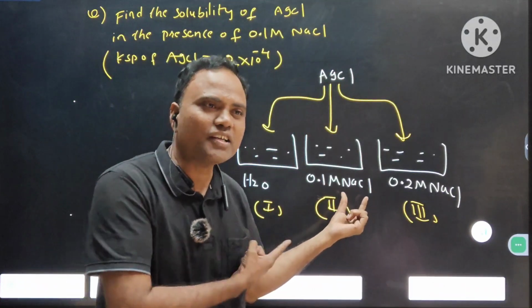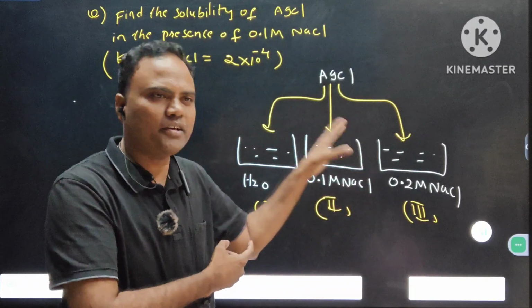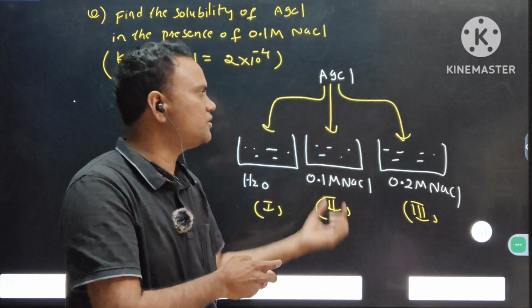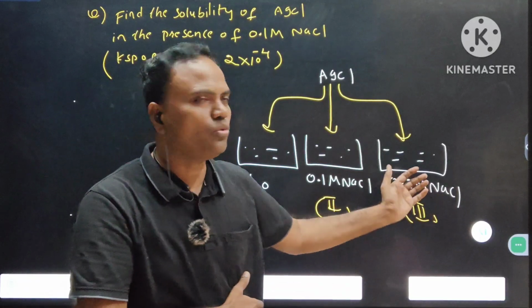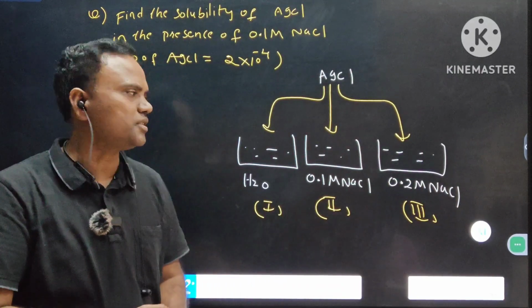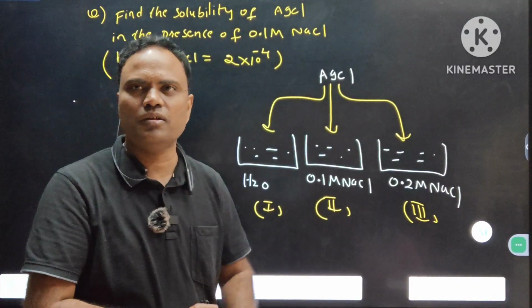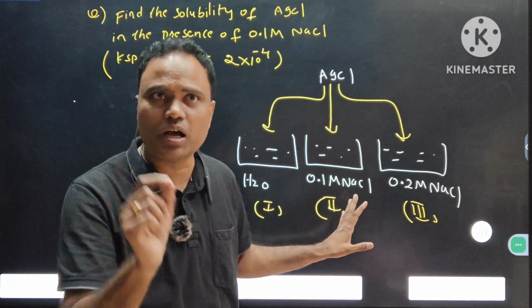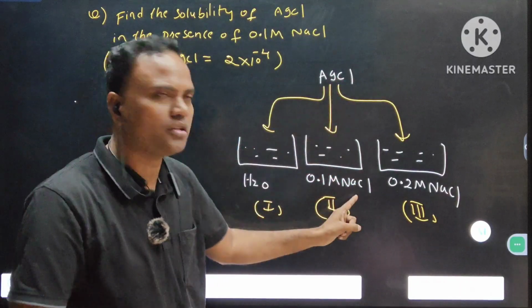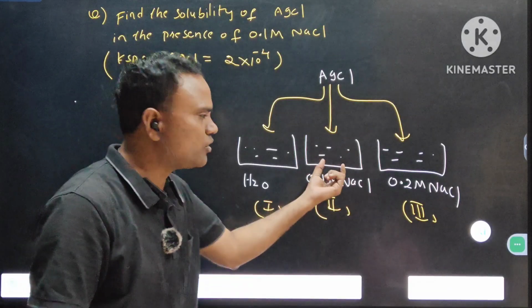But in the others chloride ions are already present, and some space is occupied, so there is no more space for dissolution. In the third one, more chloride ions are present. If any common ion is present, here chloride, then solubility will be less.